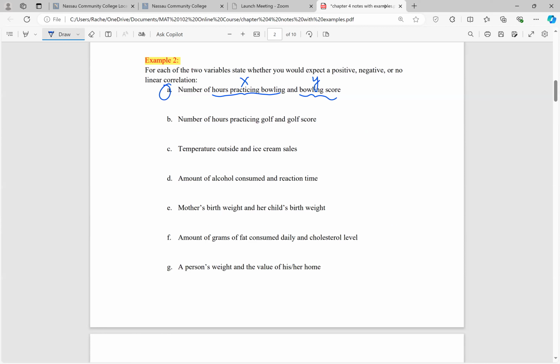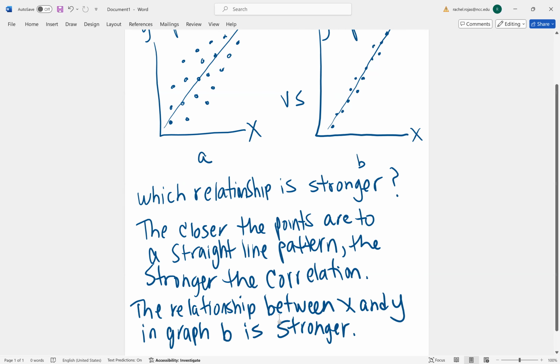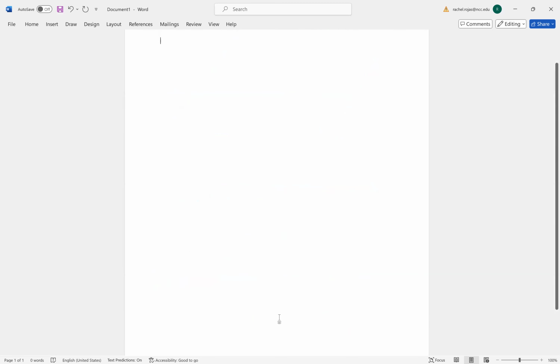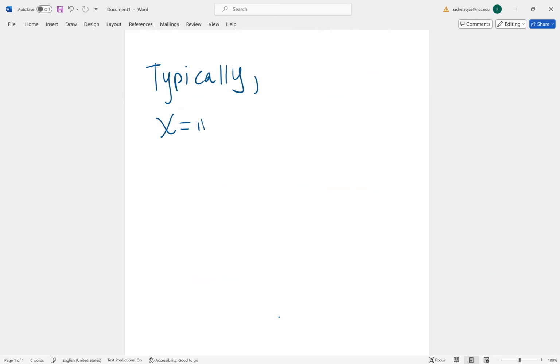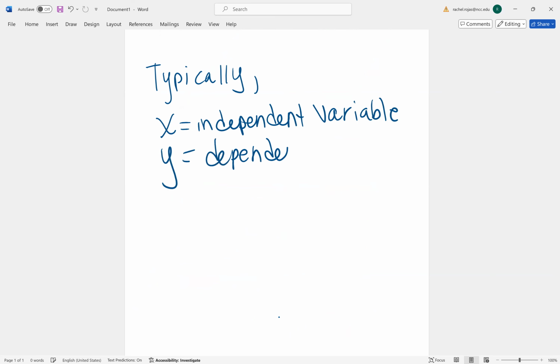So I'll write this down on the whiteboard and then we'll pick up. So typically in math, X is the independent variable and we usually let Y be the dependent variable.